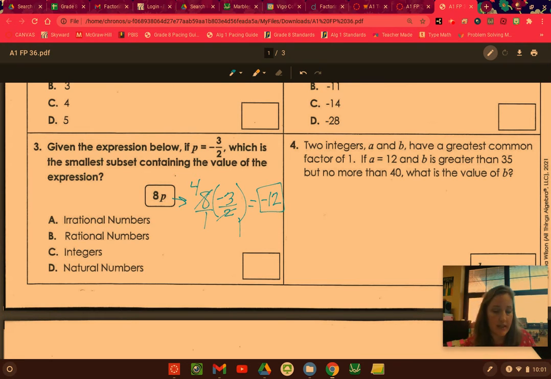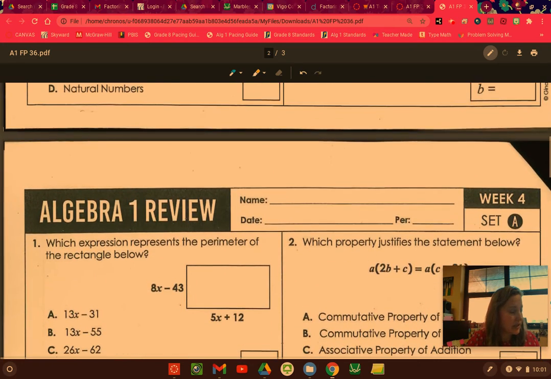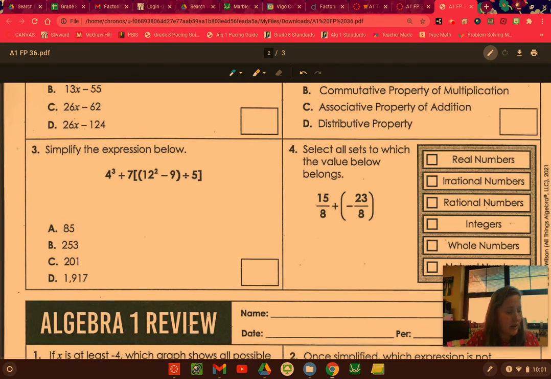So the next one, we're going to go to the next set, and that is going to be this set right here. I'm going to get you started on there. We have to obviously use order of operations, right? So 4 to the third is 4 times 4 times 4.